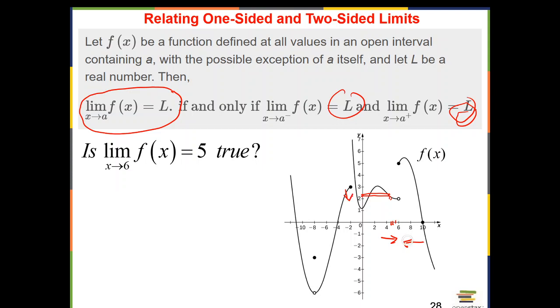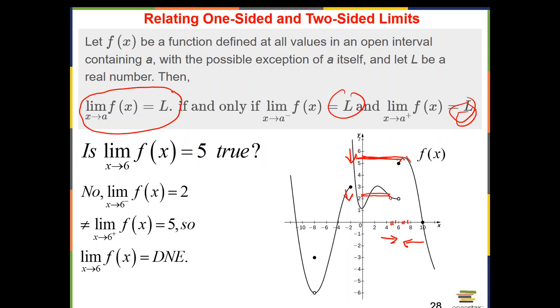If you go from the right of 6, then we are up here, and from the right, the function values are approaching 5. So no, this is not true, because the two limits are not the same. So we say that the limit of f of x when x approaches 6 does not exist.